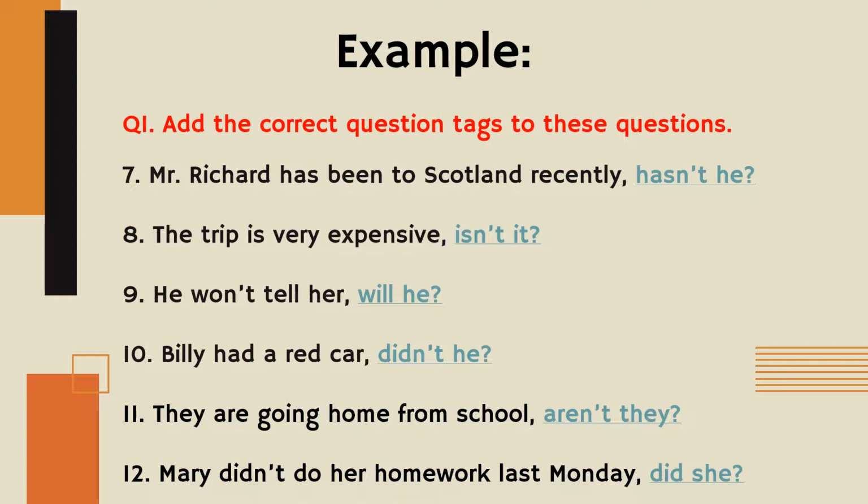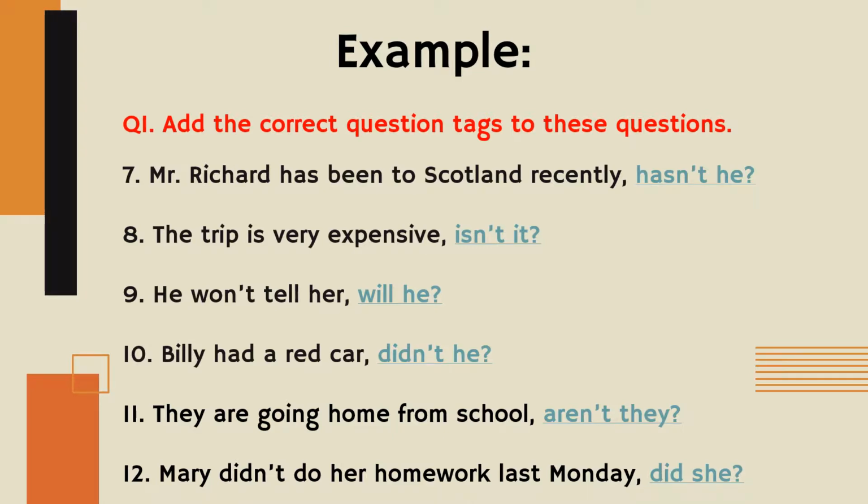11th one is they are going home from school, aren't they? So again this is a positive statement which will change into a negative with the help of helping verb. So the question tag added to the 11th sentence is aren't they. 12th one is Mary did not do her homework last Monday.